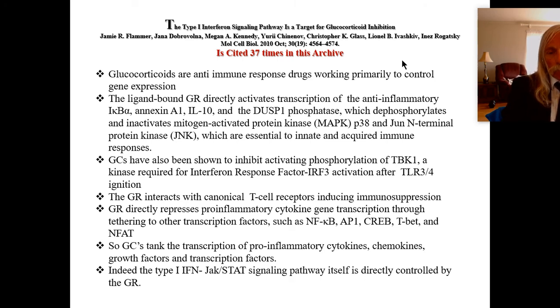All right. So GCs, glucocorticoids, tank the transcription of pro-inflammatory cytokines and chemokines, growth factors, and transcription factors. Right? That's clear. Indeed, the type 1 interferon JAK-STAT signaling pathway itself is directly controlled.